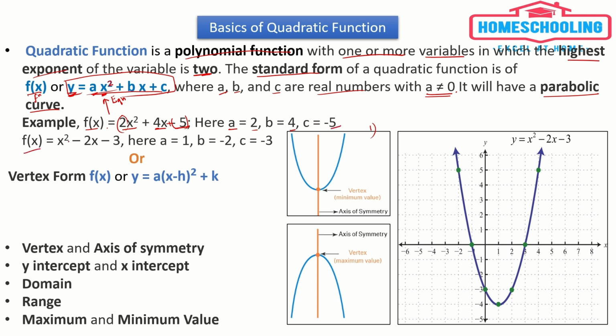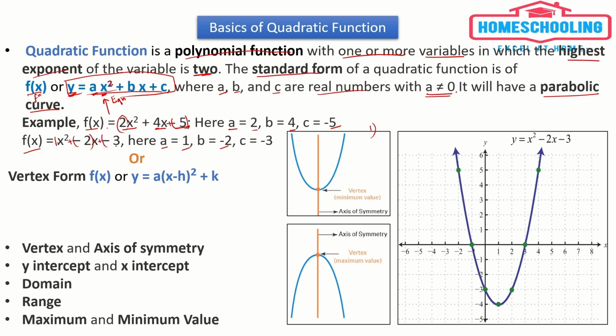Similarly, in this example, where f(x) = x² − 2x − 3, as we can see, x² multiplied by 1 will still remain x², so here a would be 1. Then we take b, put a plus sign, and take negative 2 inside, so b will be negative 2.